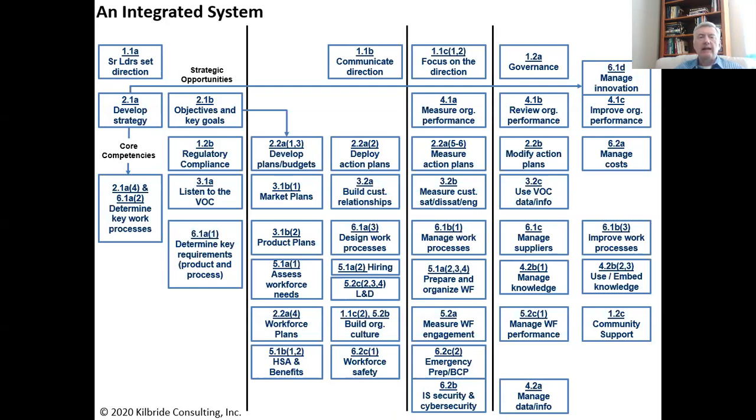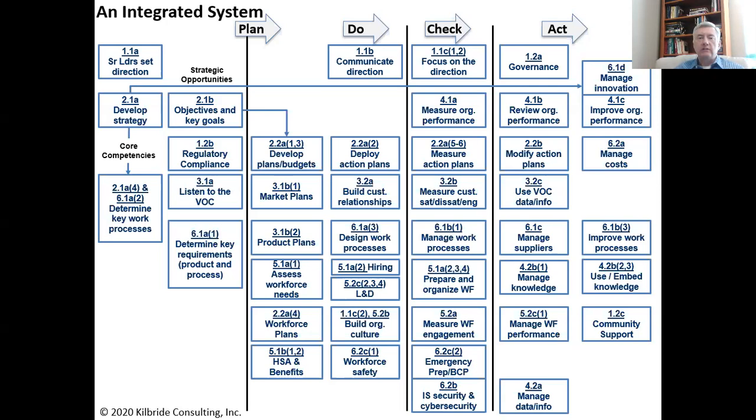You can kind of divide these up into 4 broad chunks and think about these in terms of an enterprise level PDCA, or Plan, Do, Check, Act, which is perhaps the most universally well-known way of thinking about continuous improvement. A number of these processes that are identified here are about planning and setting direction. Still others are about doing, deploying those plans, communicating that direction, actually designing your processes.